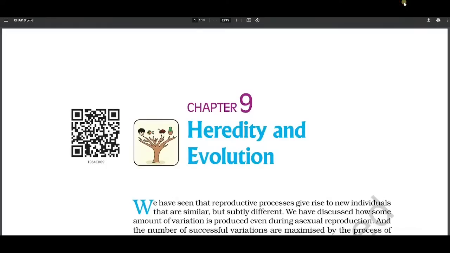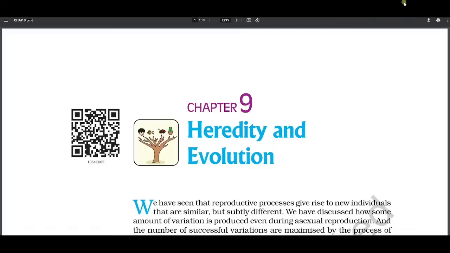The next very important concept is acquired and inherited traits. You should know the difference between acquired and inherited traits with examples. And also the concept of speciation, reasons for speciation, and evolution and classification.